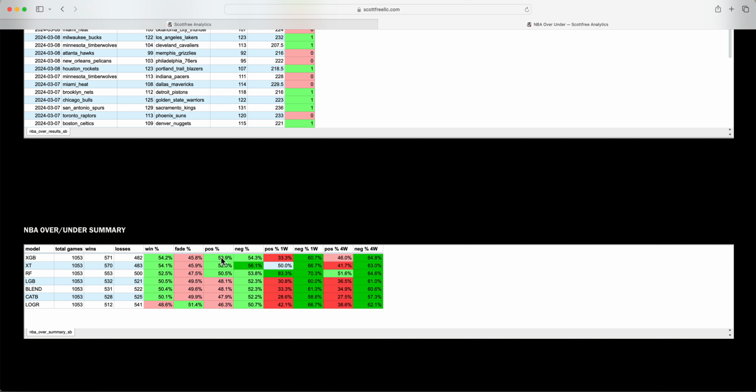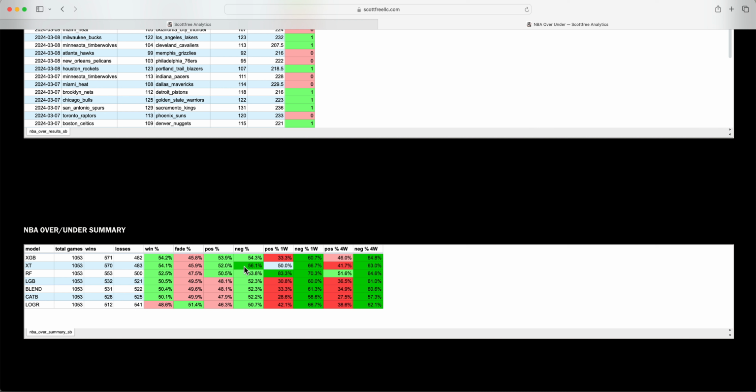Now, this is what we consider the critical information, right? So how successful are over bets, the positive percentage, versus how successful are under bets. And you can see that in almost all cases going with the under is going to give you the edge. So you can see, look at Extra Trees here.